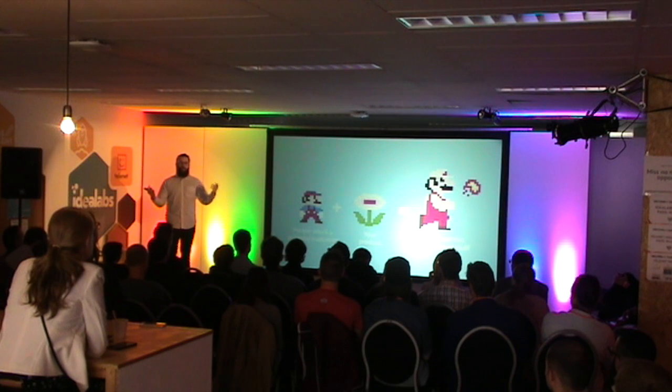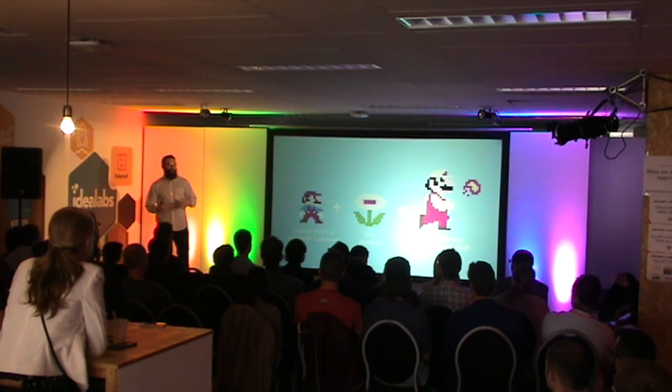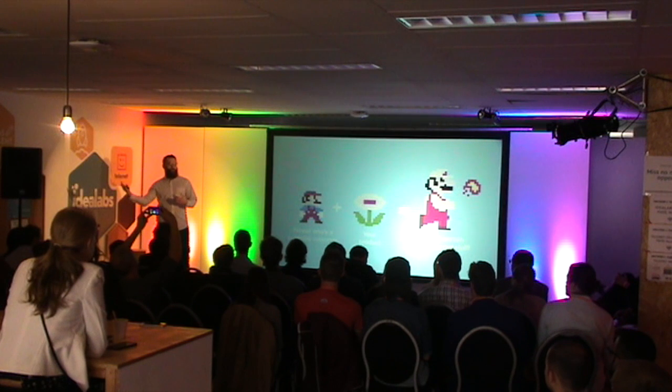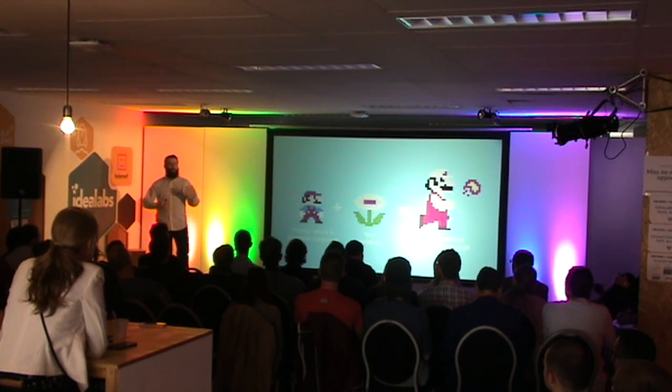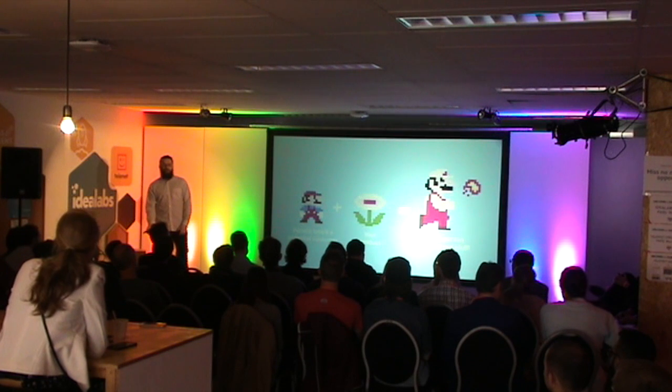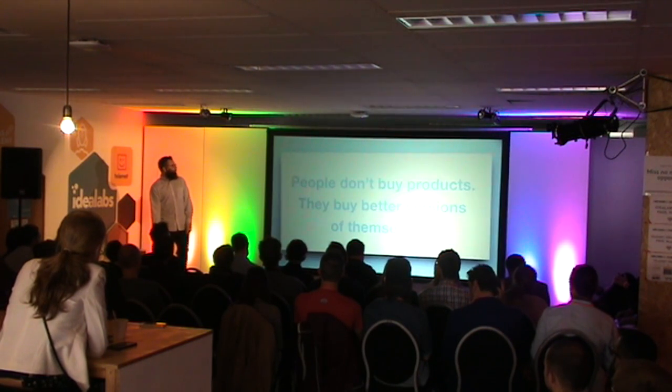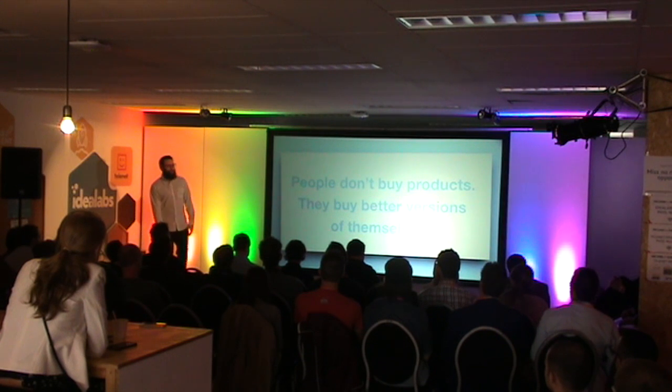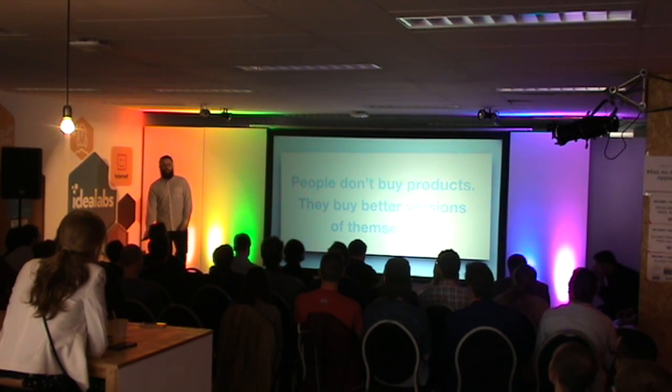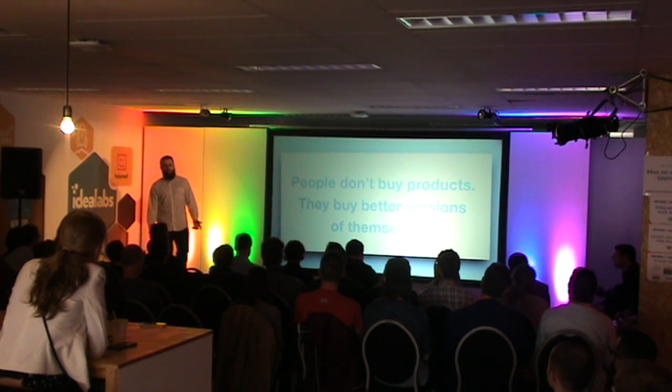You don't go in talking about how it has a green stem and an oval flower shape, but instead talking about how awesome it is to throw fireballs and what kind of lifestyle you can upgrade people to is really the more substantial thing to do, and aligning your entire product experience around that instead. As a saying that I have, people don't buy products, they buy better versions of themselves, in the same kind of way.